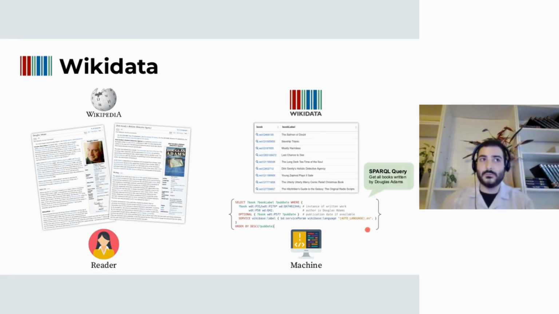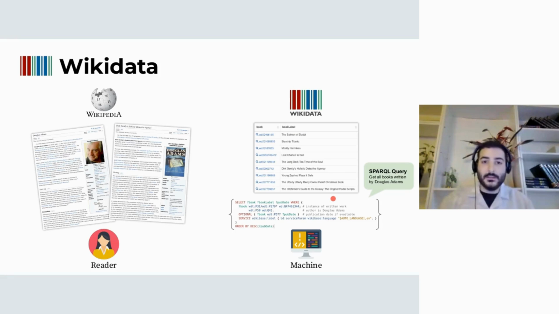And one of the most popular ways you can access Wikidata's data is through SPARQL query, which is a query language that allows you to do a lot of functionalities on the data, from filtering information to hopping through the properties, gathering and aggregating the information until you get what you're looking for, which is a table of your results.